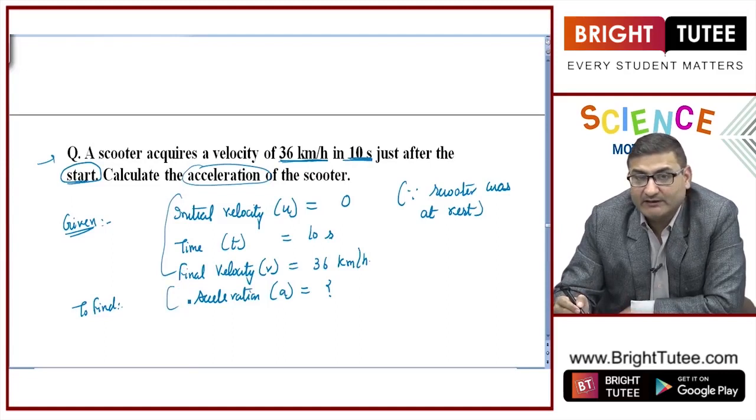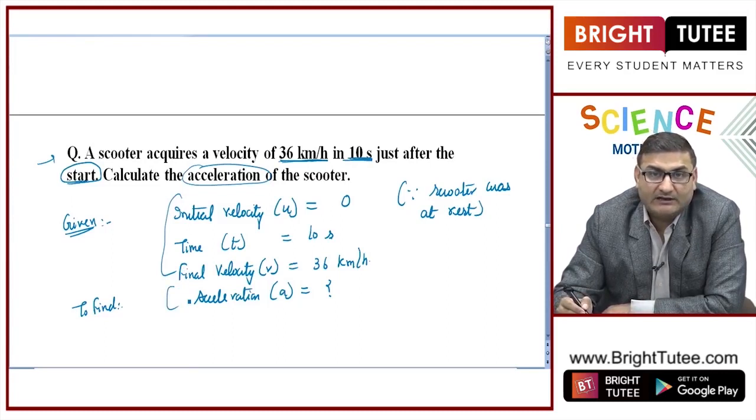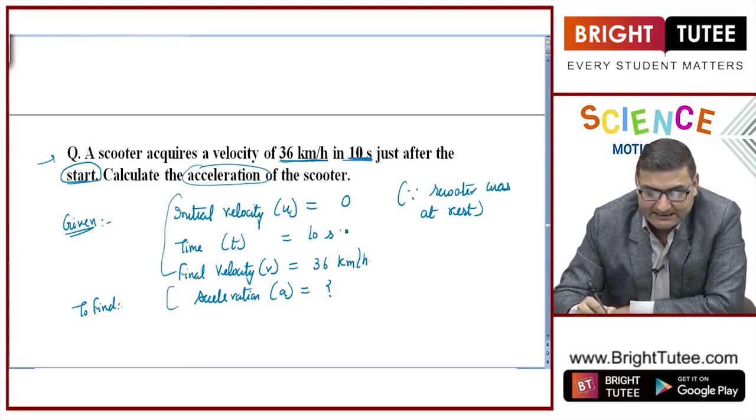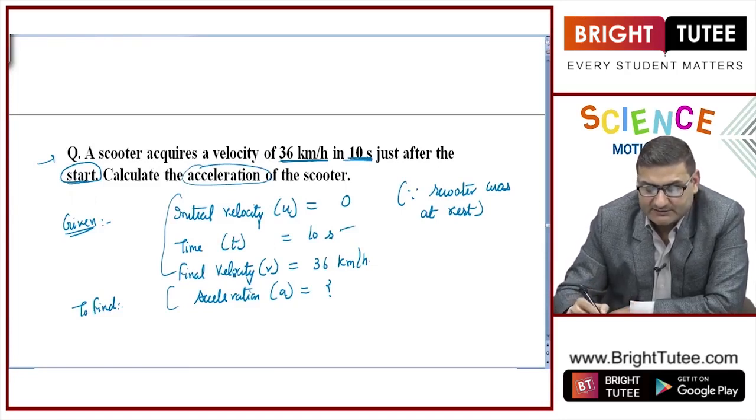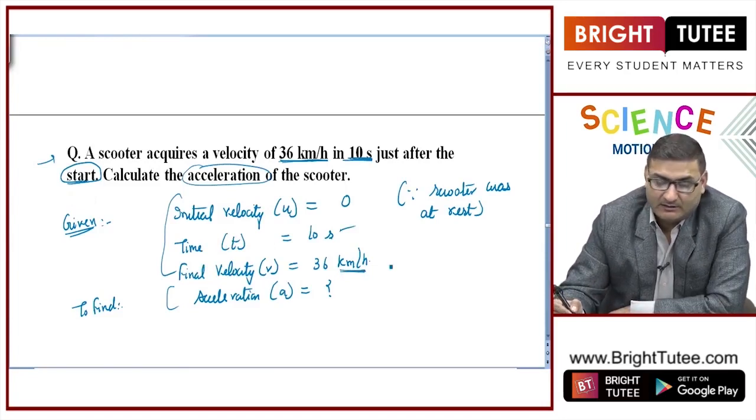Second thing, as I have already mentioned in my previous lectures, whenever we are doing numericals, please take care of the units. Now, the unit of time is seconds, SI unit, perfectly fine. But when I see this final velocity, it is in kilometers per hour. So, first of all, I need to convert it into meters per second.